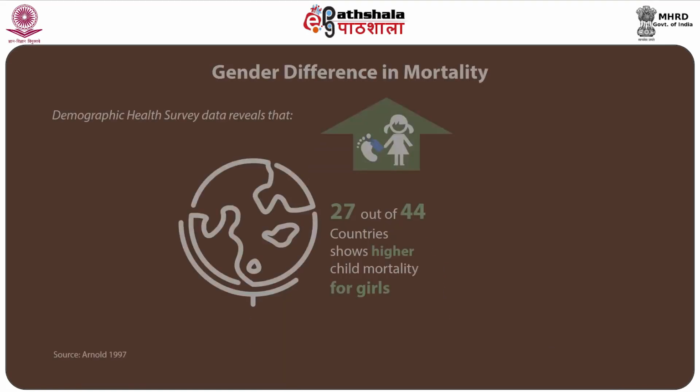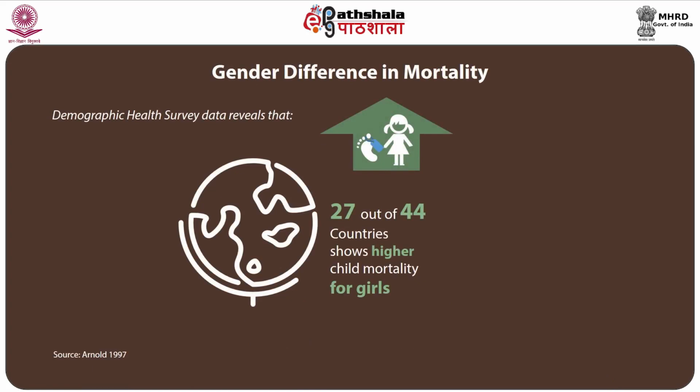It is also found that in a survey, the Demographic Health Survey, conducted in 44 countries, 27 of these countries had a child mortality rate higher for girls than boys.